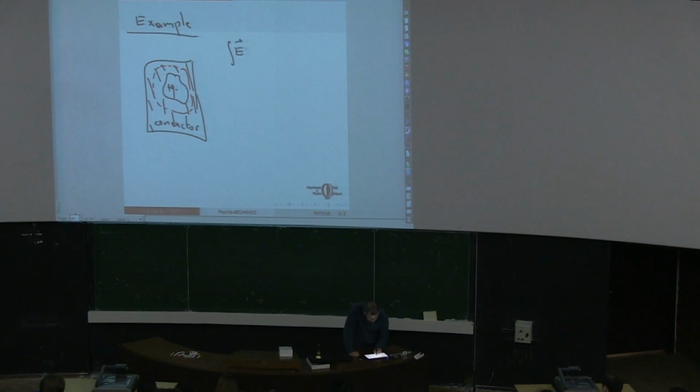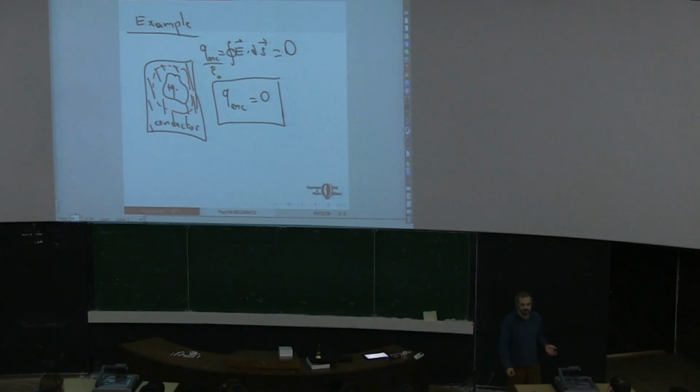E dot dS. What is the electric field inside the conductor on the surface? Electric field is 0. So this integral is 0. But again, from Gauss's law, we know that this is equal to Q enclosed divided by epsilon 0, so the enclosed charge has to be equal to 0.